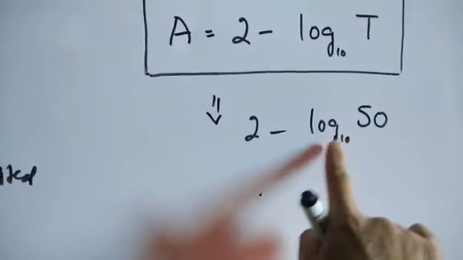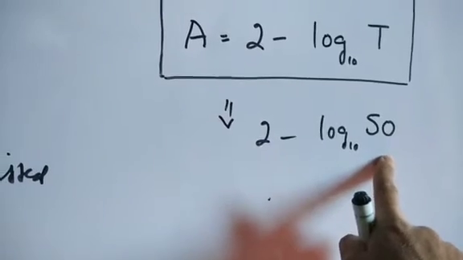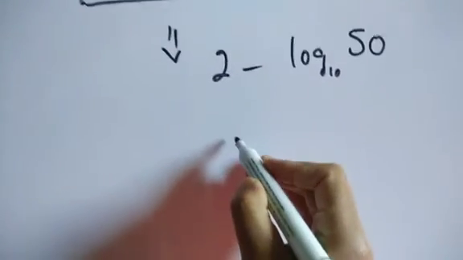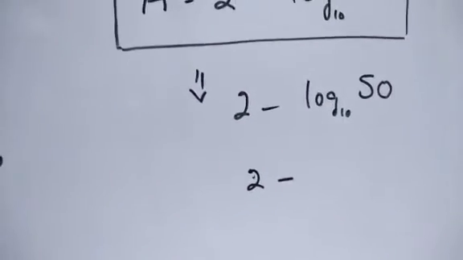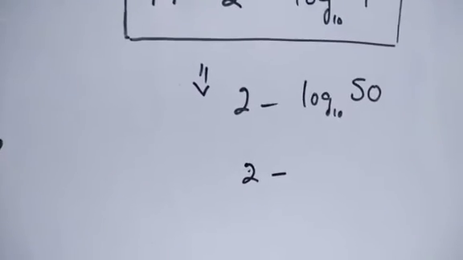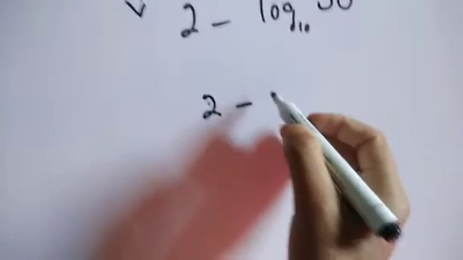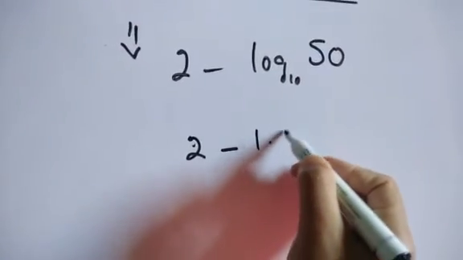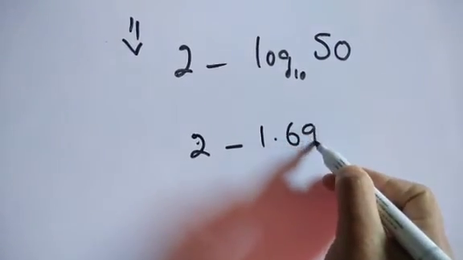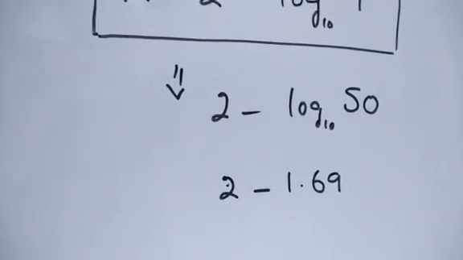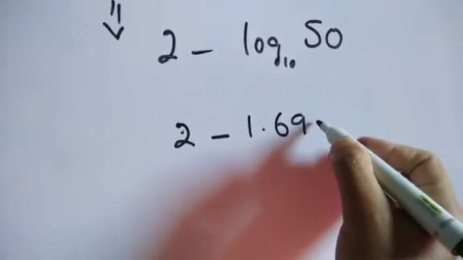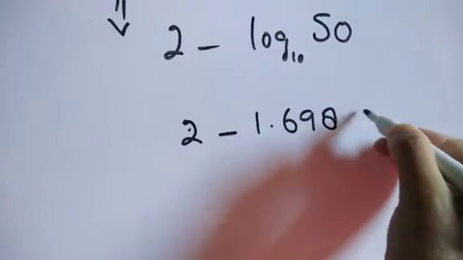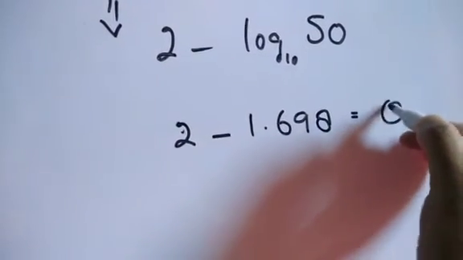So अगर log 10 of 50 करेंगे, so we'll end up with 2 minus, that is around 1.698. So that is equivalent to around 0.3.